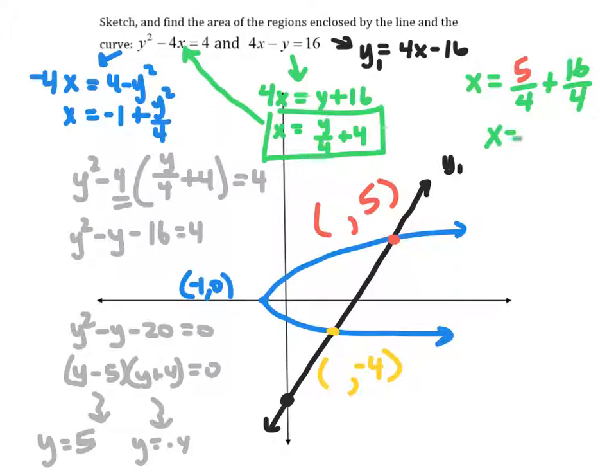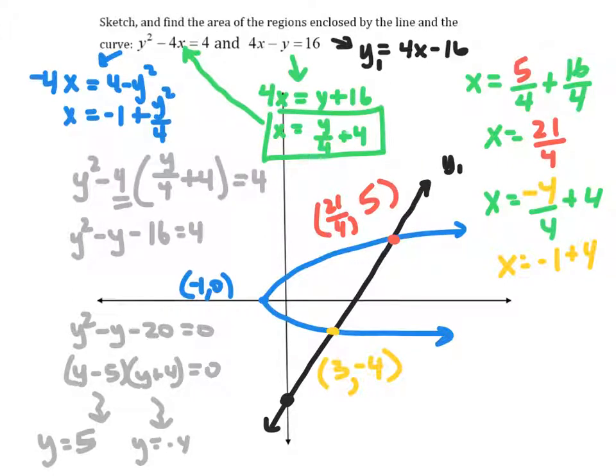So that x value would equal 21 over 4. Okay, let's plug in a negative 4 in here. So if I plug in a negative 4, it looks like x will equal negative 1 plus 4, which would be a positive 3. Okay, so I found the points of intersection.